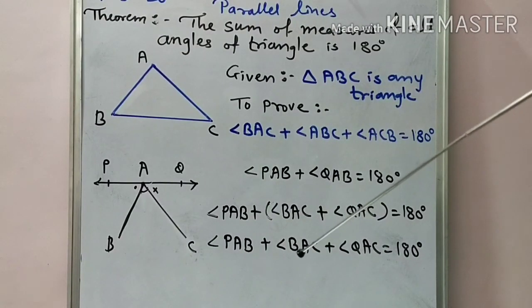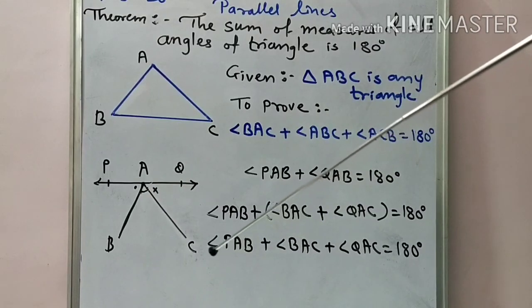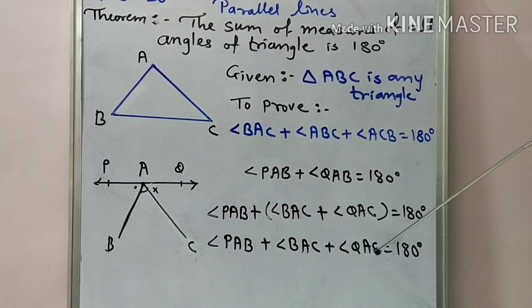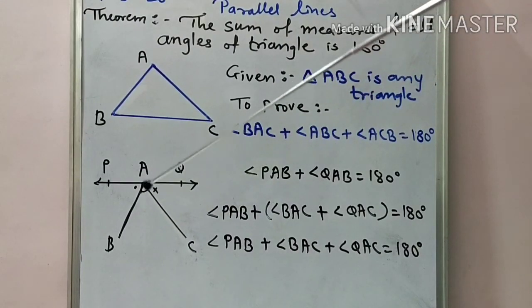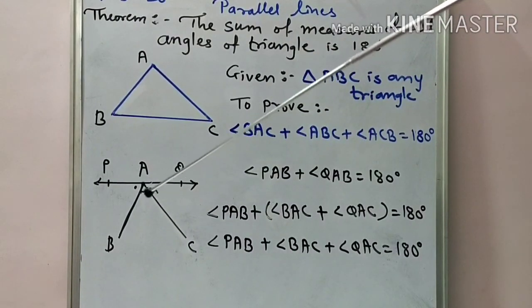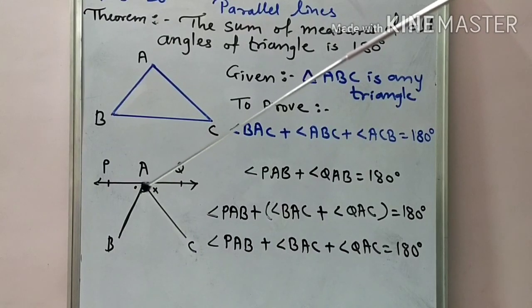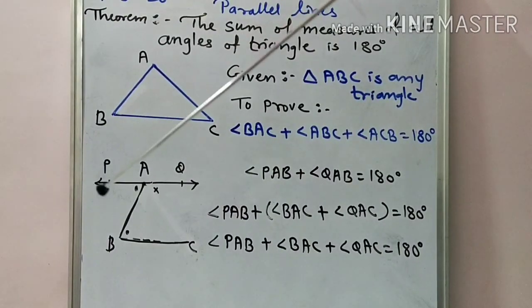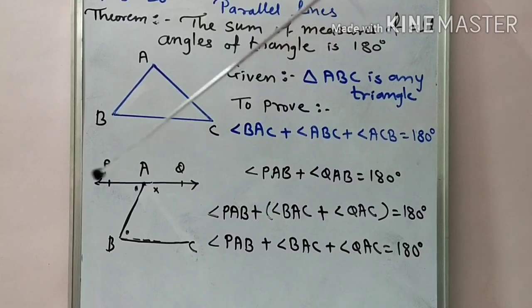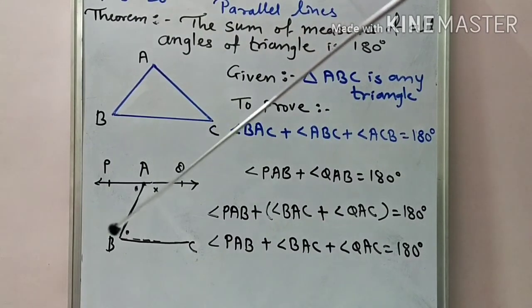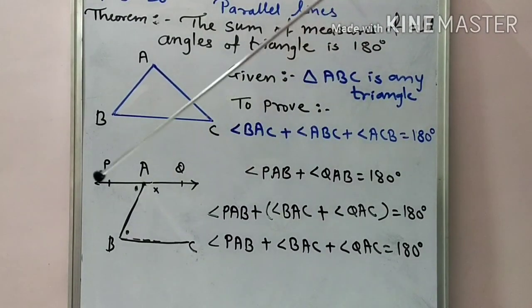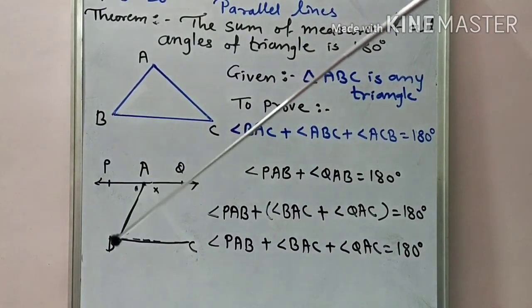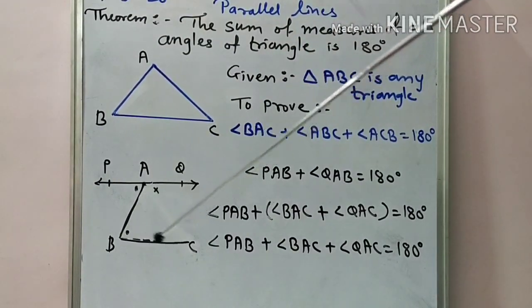Okay, so now what you have to do is replace angle PAB and angle QAC with these two angles, and as we draw this line PQ which is passing through A, suppose this line PQ is parallel to BC, as we draw that line in such a way that it passes through vertex A and is parallel to BC, then what we notice here is that angle PAB and angle ABC are what?